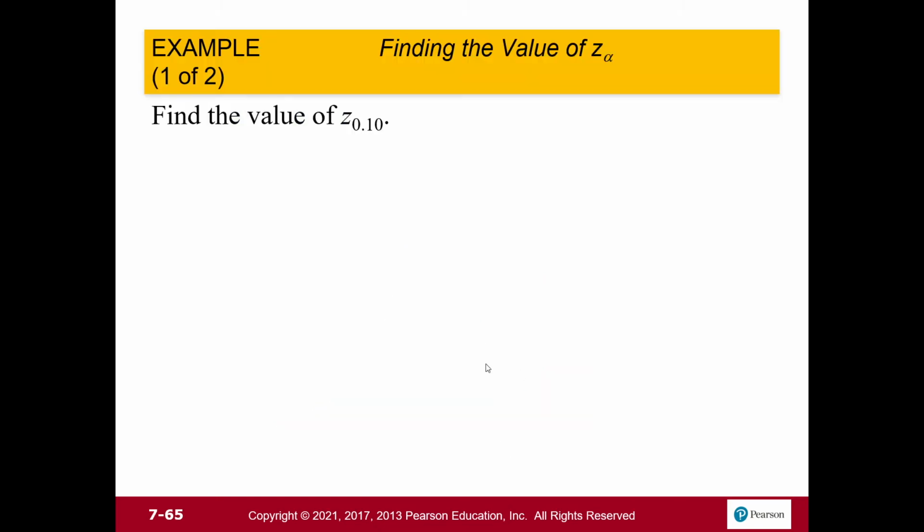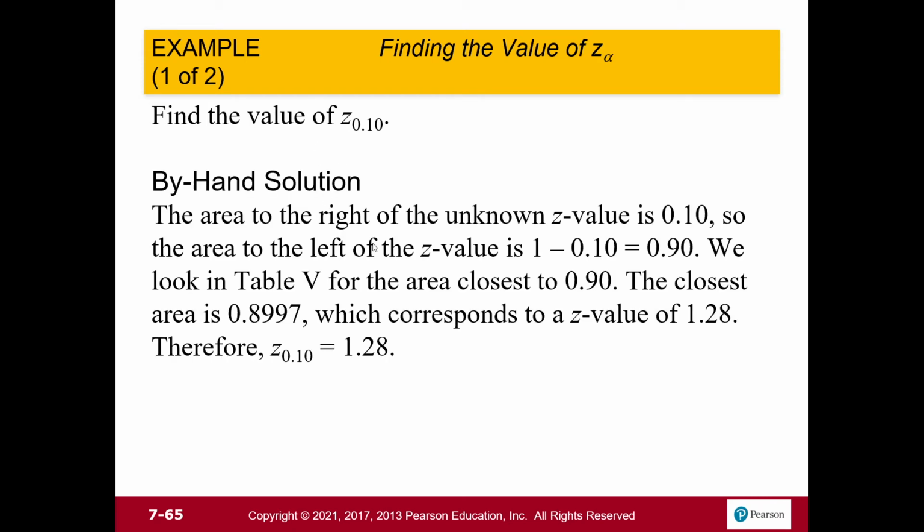And so here's a problem. It says find the value of z sub 0.12. So that's the top 10%. We need to find the z-score that corresponds to the top 10%. And so we're using the standard normal distribution, which means the mean is 0 and the deviation is 1.